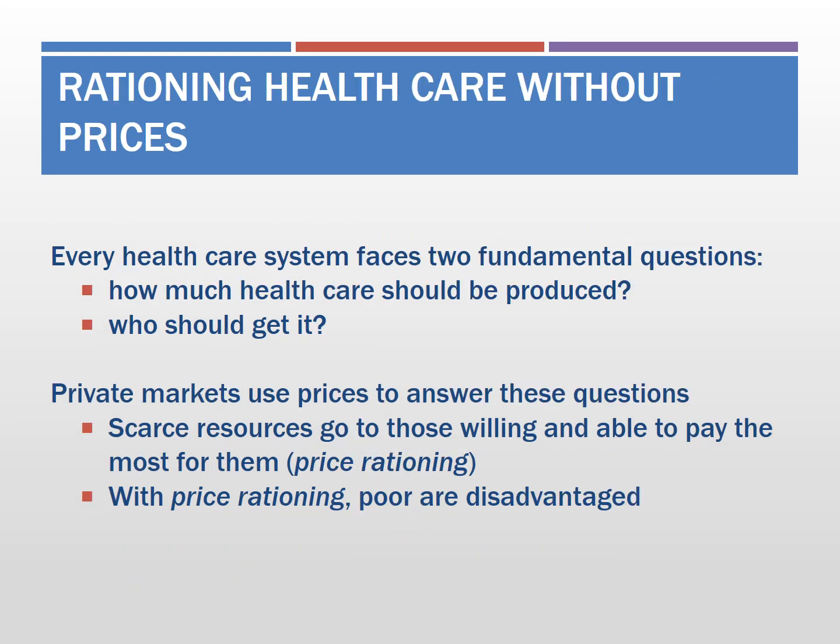So every country has its own features added on to the system. There are different objectives each country is trying to achieve, but there are also two fundamental questions that every healthcare system faces, and that are especially important to answer under the Beveridge system. The questions to ask are: how much healthcare should be produced in the nation, and who should get it? In the private markets, those two questions can be answered under the supply and demand models.